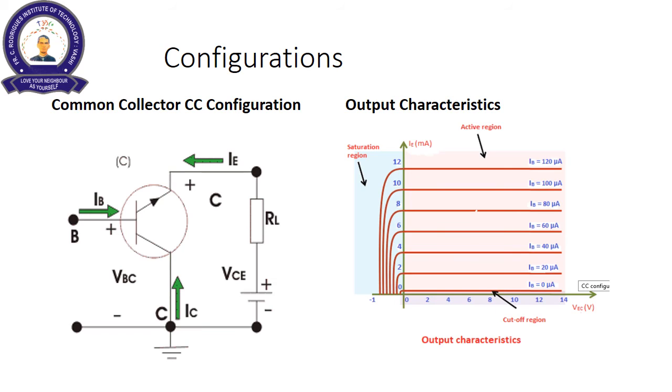So when voltage VC is varied, we find that the current IE is varied and the voltage between the collector and the emitter terminal is varied. The characteristics are plotted.